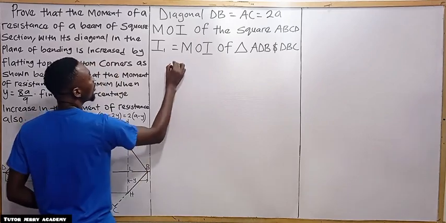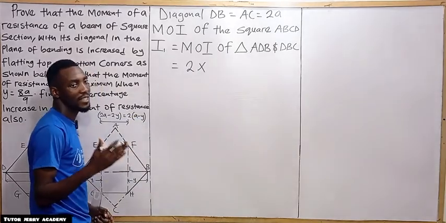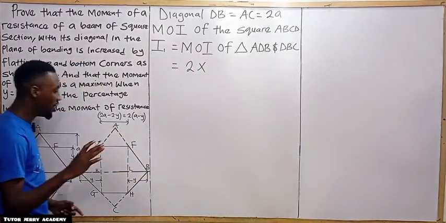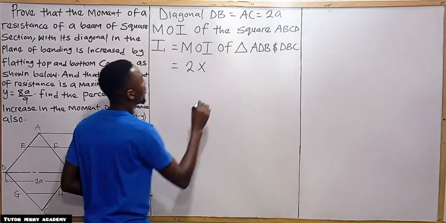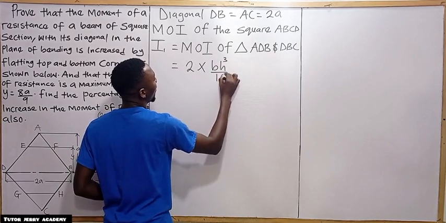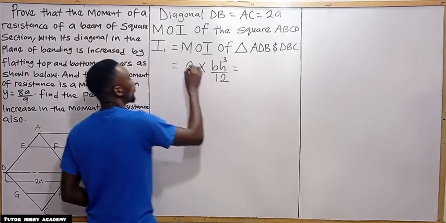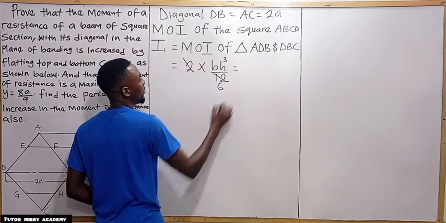So this will be equal to 2 multiplied by the moment of inertia of a triangle about the base, which is nothing but bh cubed over 12.